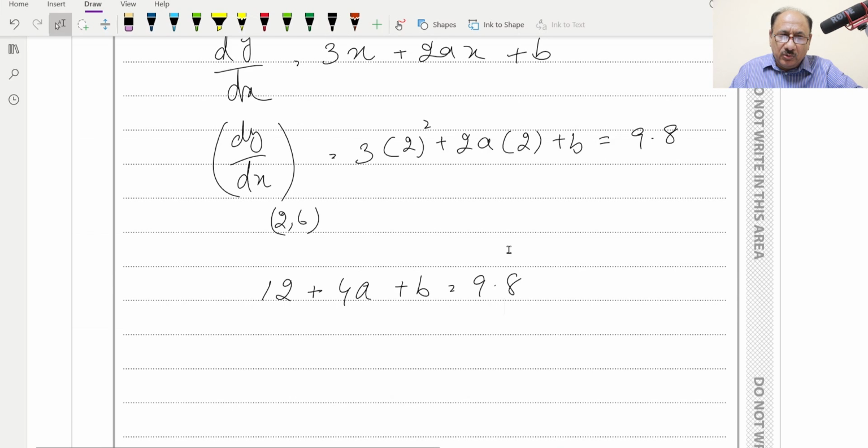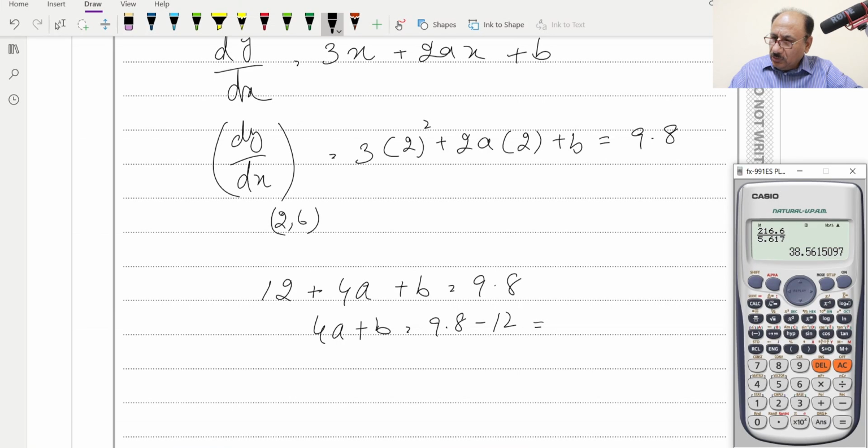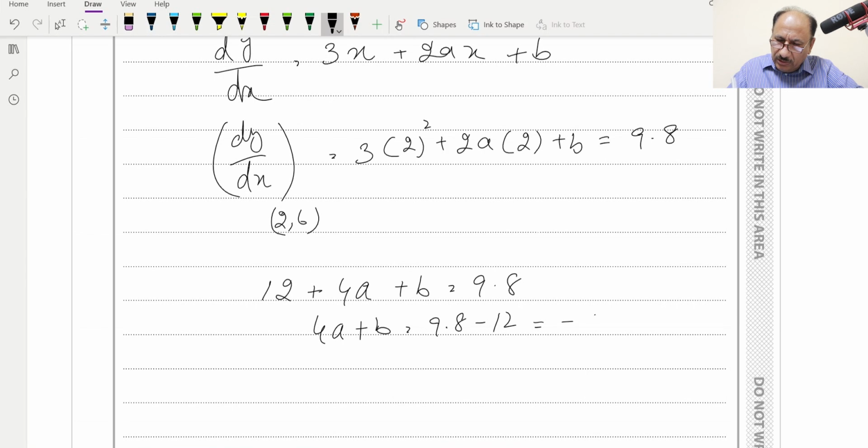This is one equation which we got, and we can further rewrite 4a plus b is equal to 9.8 minus 12. 9.8 minus 12 is giving us minus 2.2. So we write the equation 4a plus b is equal to minus 2.2, and this will be our equation 1.